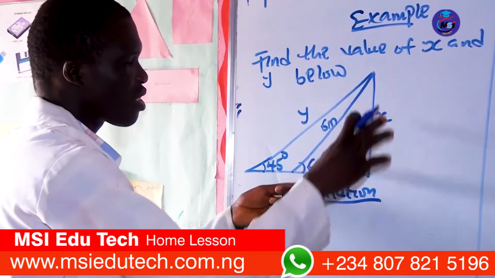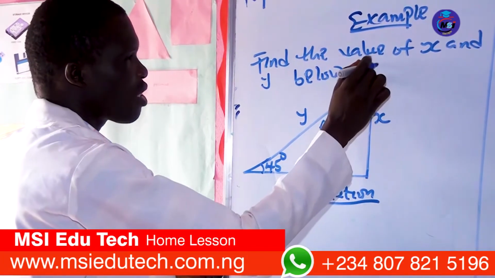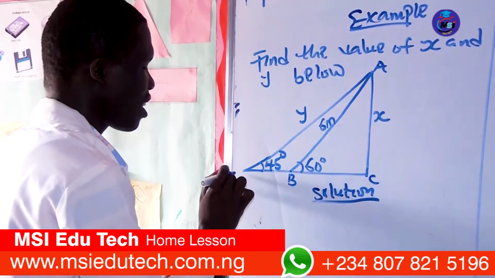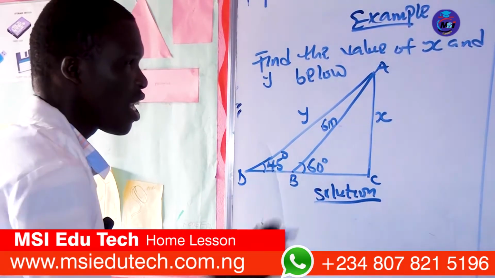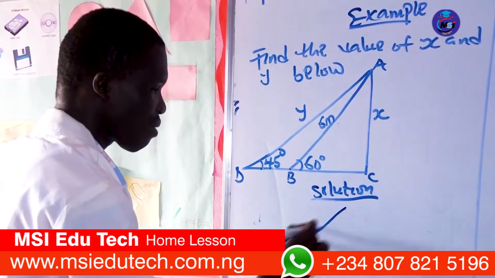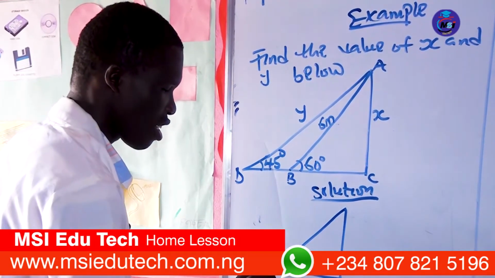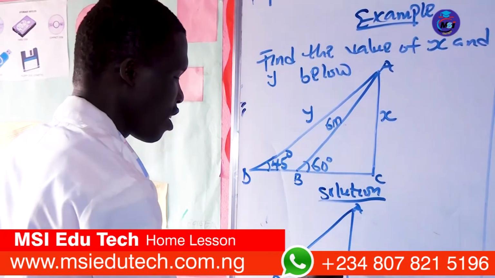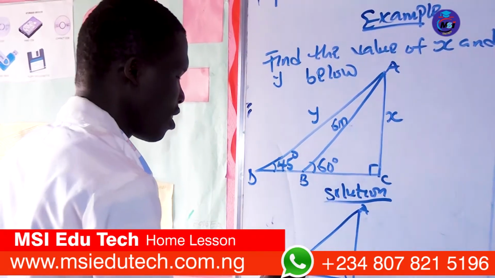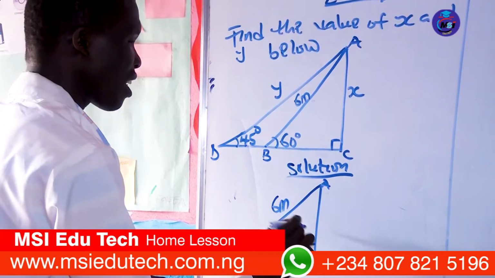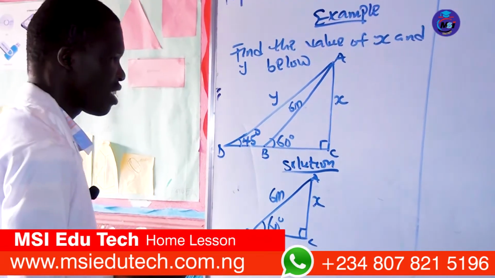If you bring this out, call this A, B, C, D. If you bring A, B, C, you are going to have something like this. A, B, C. Okay? This is 60 degrees. This is 6 meters. And this is x.